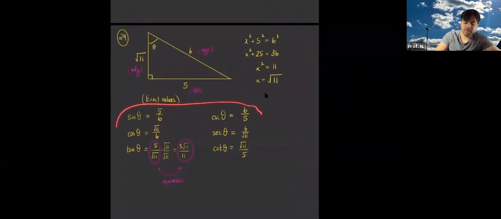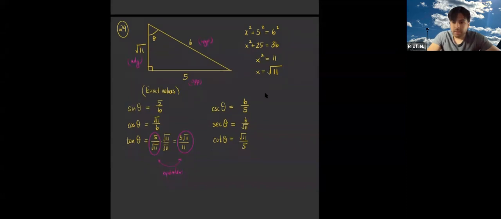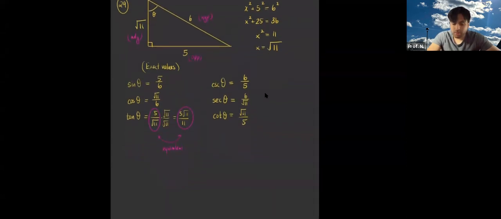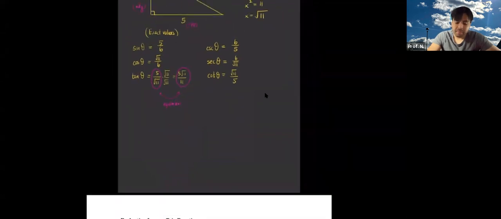And this is a common problem in trig, using a right triangle and only knowing two sides. To find the third side, use the Pythagorean theorem, you can leave a radical, and then just fill out the ratios: opposite over hypotenuse, adjacent over hypotenuse.